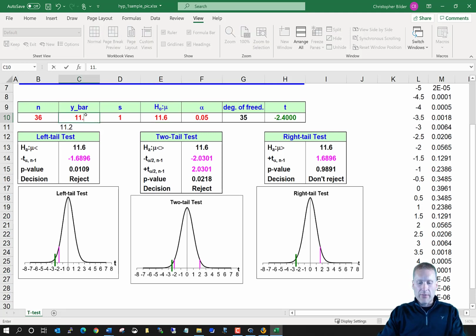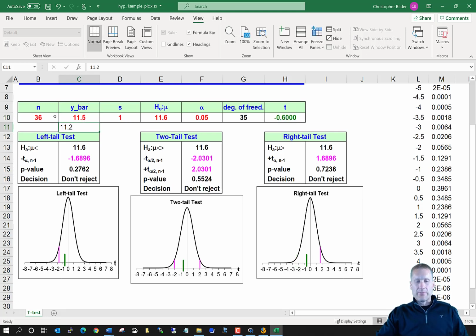Now, the spreadsheet is also set up so that you can change your sample size, your standard deviation, your hypothesized value, and your alpha. So what I want you to do on your own is set everything to what we originally had with the volleyball problem. Then pick a particular item to change, let's say s.